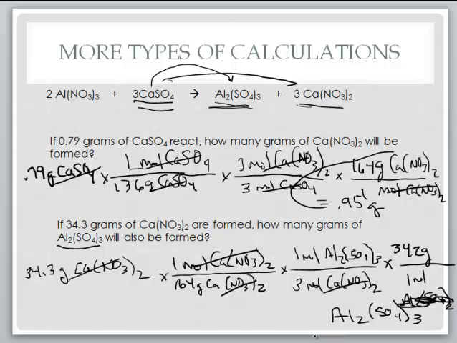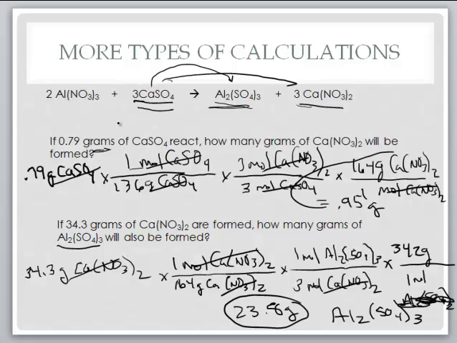Do the math. 34.3 divided by 164 times 1 divided by 3 times 342, and that's going to give us 23.8 grams.